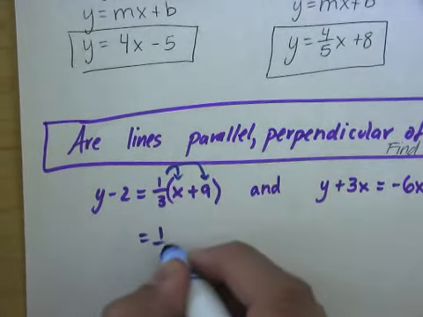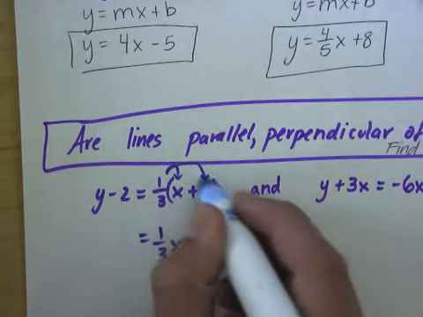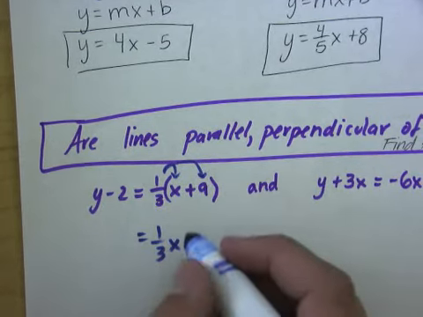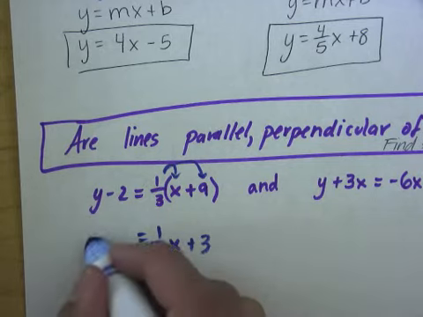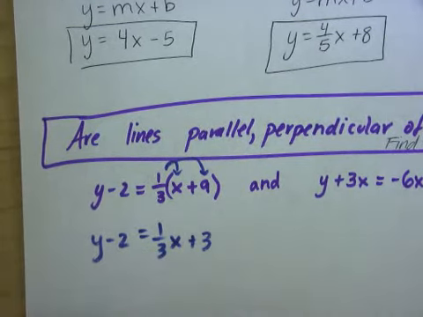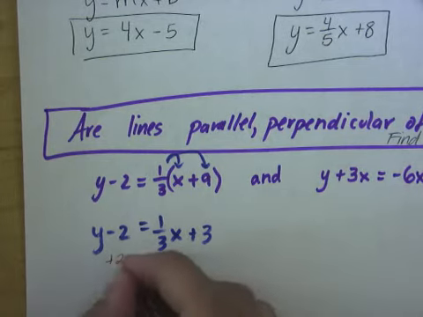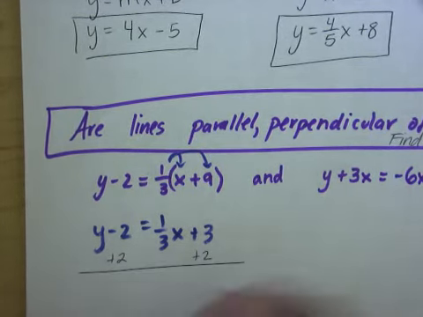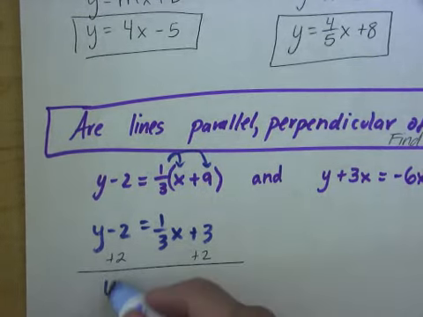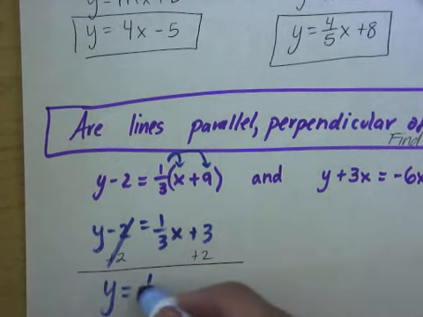So this would become 1/3 x, and 1/3 times 9 is 9 divided by 3, which is just 3. And this side is y minus 2. So in order to get this in slope-intercept form, I need to add 2 to both sides. So I have now, those will cancel, y equals 1/3 x plus 5.